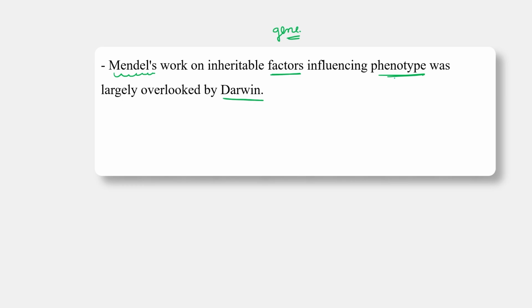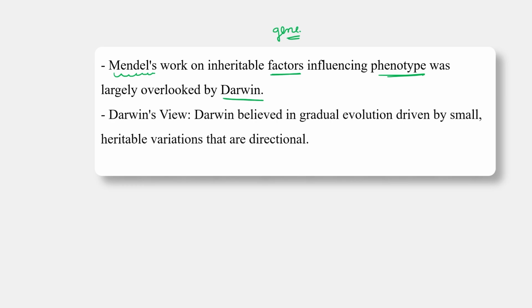But this was largely overlooked by Darwin, because Darwin was a naturalist. Darwin's view was that evolution is gradual, driven by small heritable changes that are directional. Okay, so this was Darwin's view.